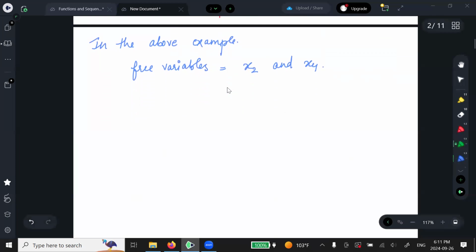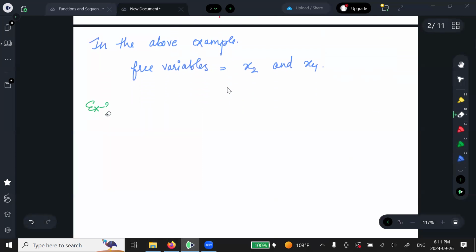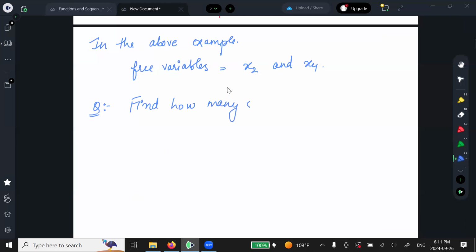Okay, what about this one? Example number 2. Same thing. The question is the same. We're still in chapter 1. Find how many solutions? Well, that's the first thing.